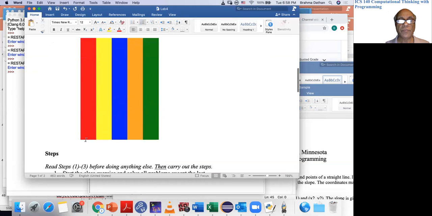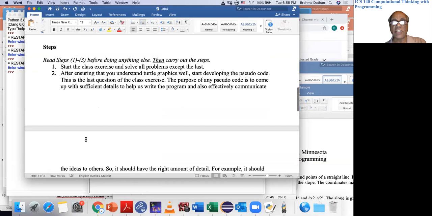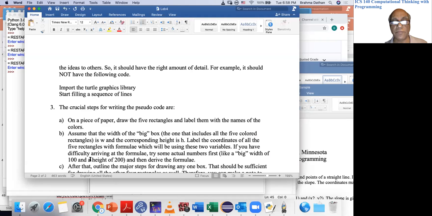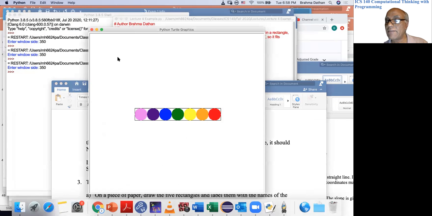So I would suggest that you follow these directions here and work on that in that manner. So I will post the Python code and the design documents that I have for the example into the lecture part of the D2L site.